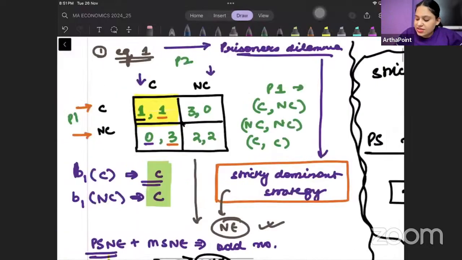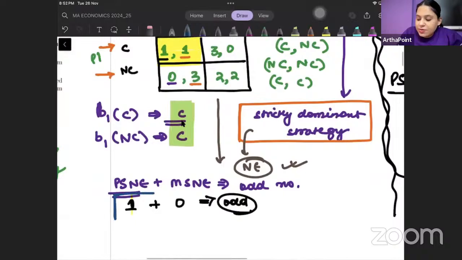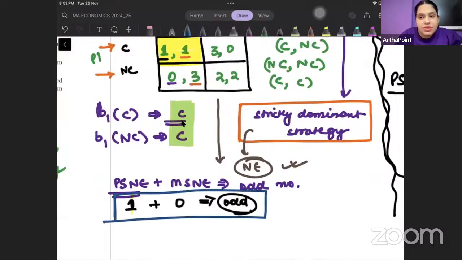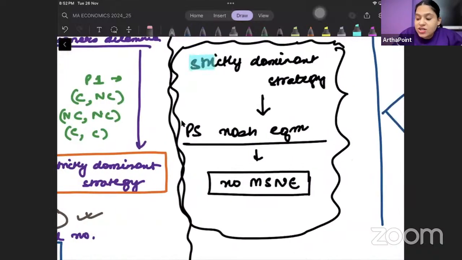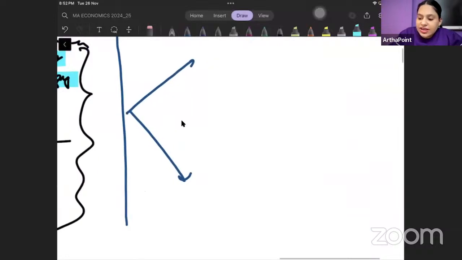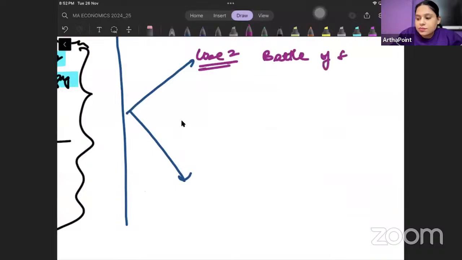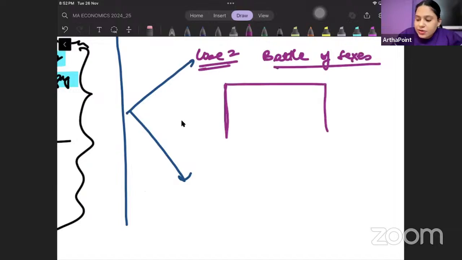यहाँ पे we have seen the example where I have one pure strategy and 0 mixed strategy, and this is where I have a strategy which is dominating the other strategies. Now, case 2, if you remember, we had battle of sexes. And in battle of sexes, what happened?